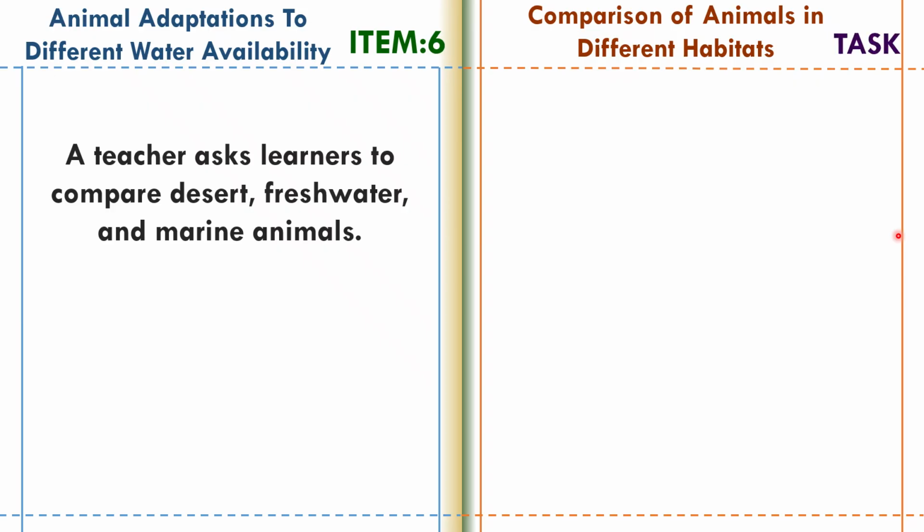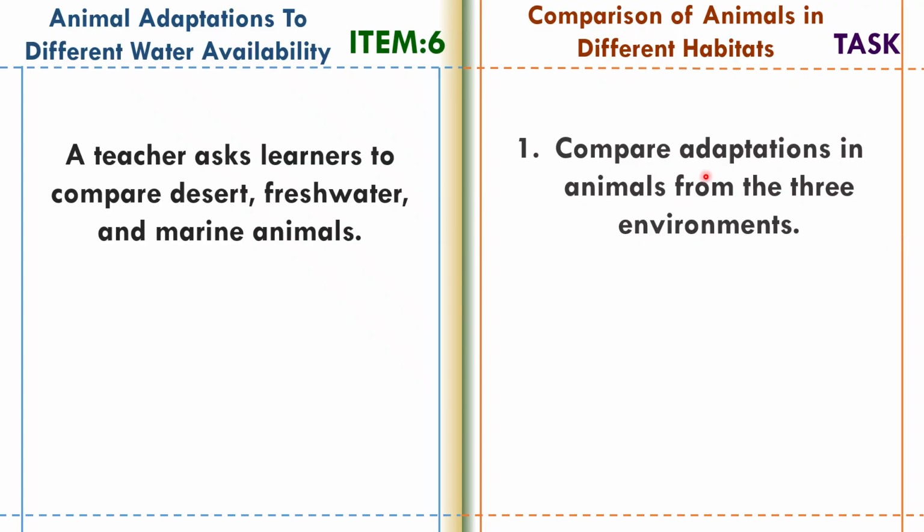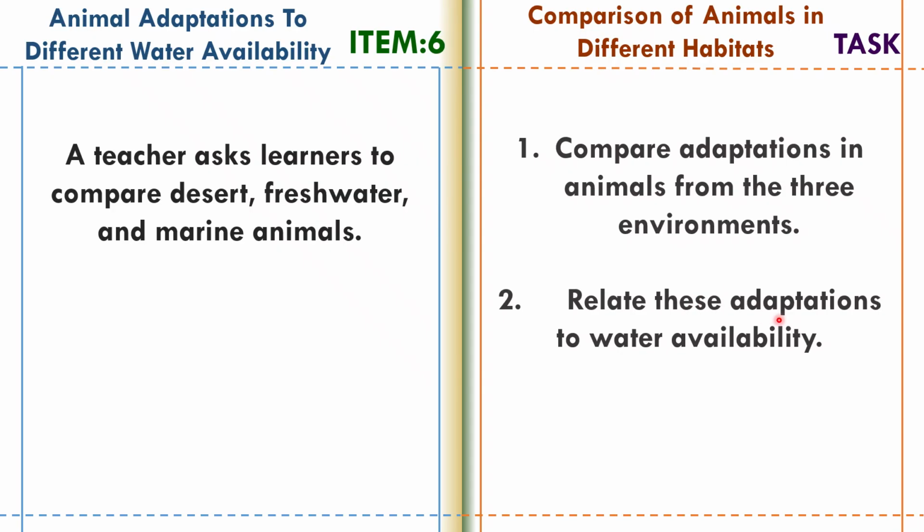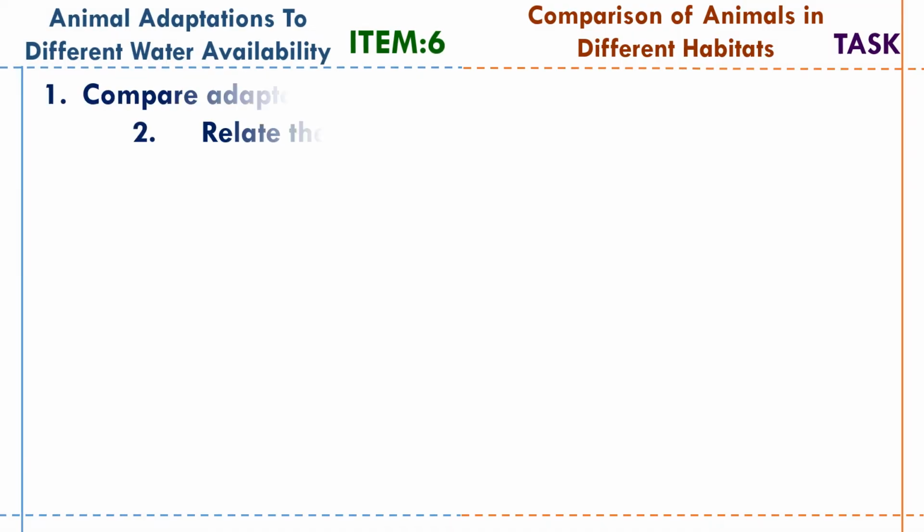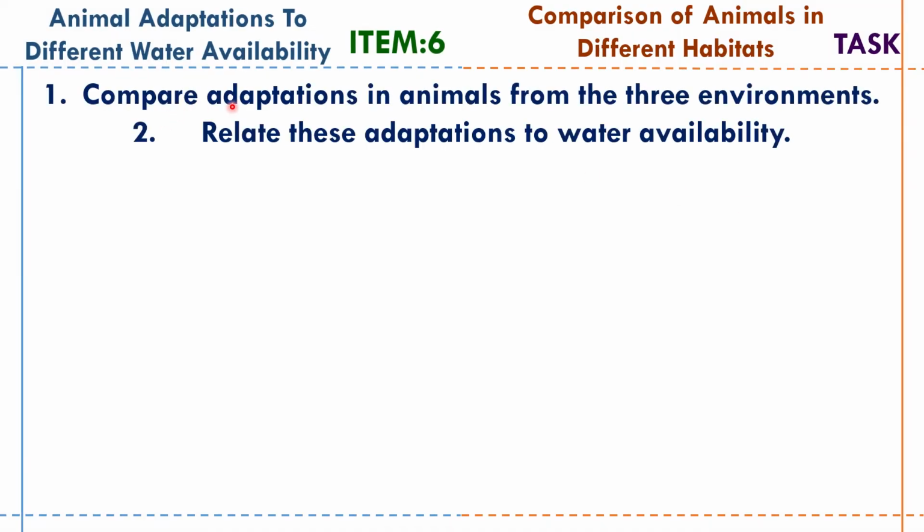Task: compare adaptations in animals in the 3 environments. Relate these adaptations to water availability.